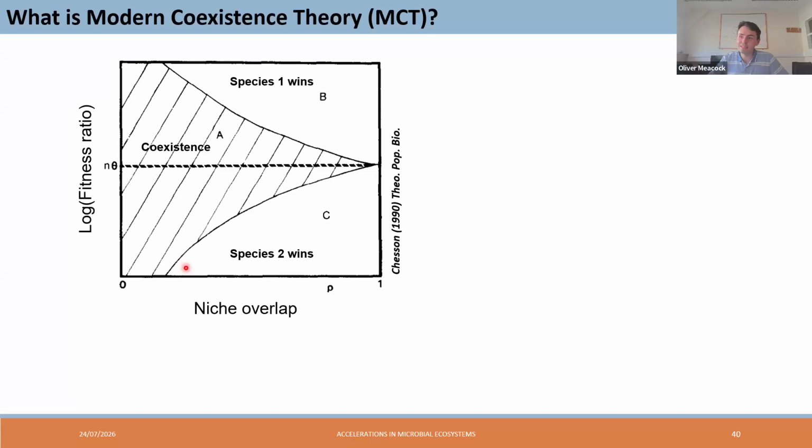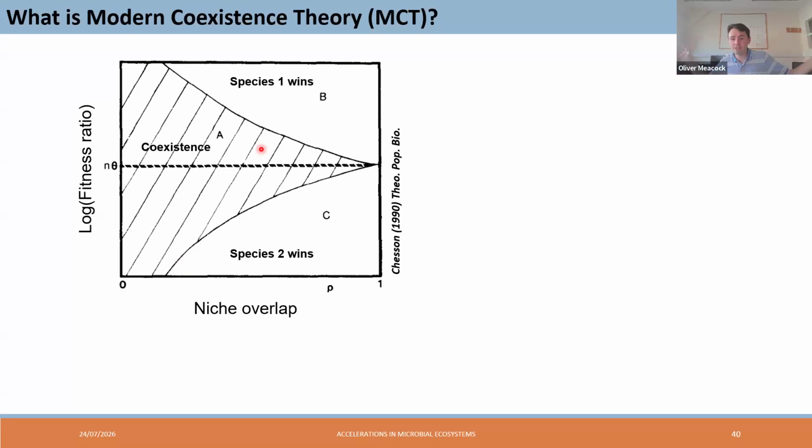What I'm going to focus on is this plot here. So this really summarizes the key idea of one of the parts of modern coexistence theory, which is that coexistence can be entirely determined by the combination of these two quantities called niche overlap and the fitness ratio.